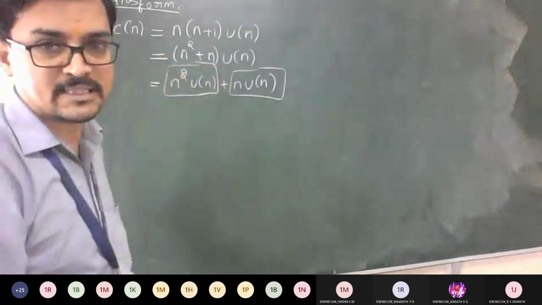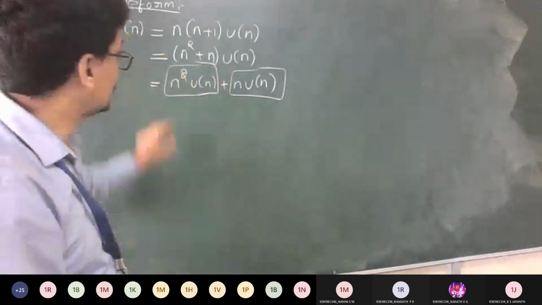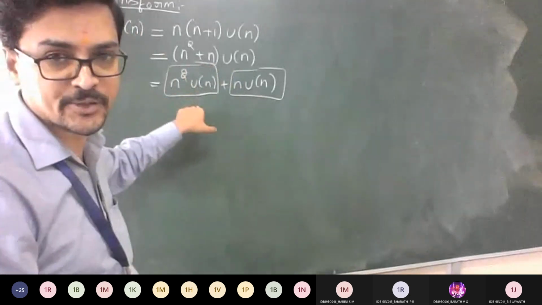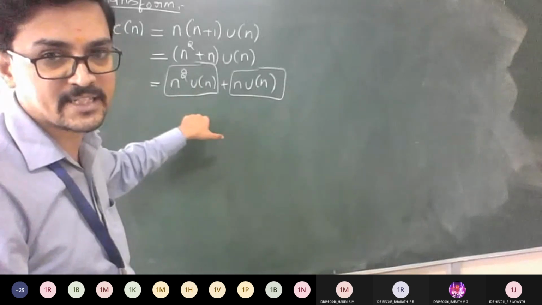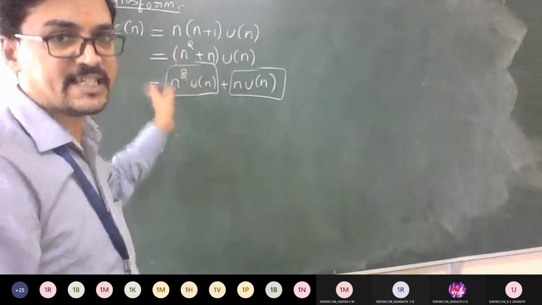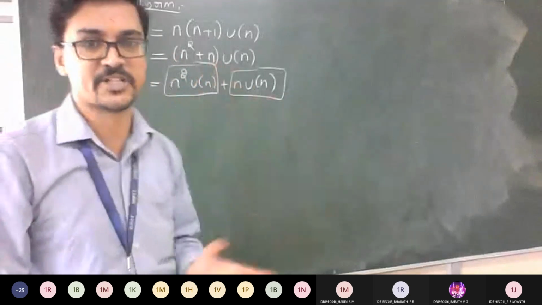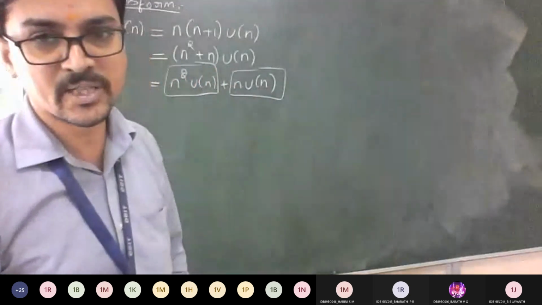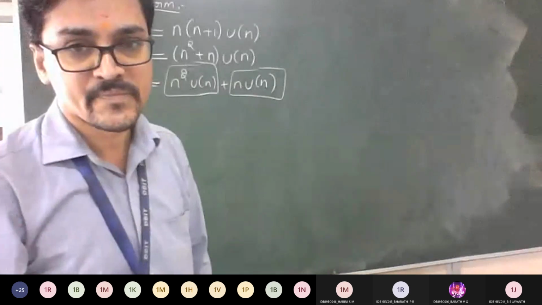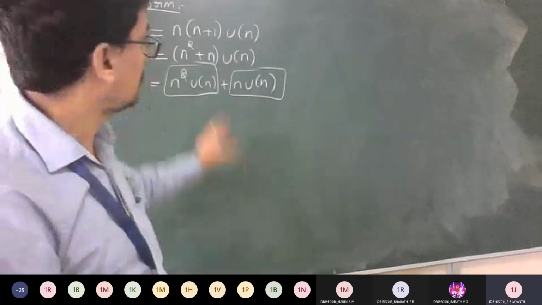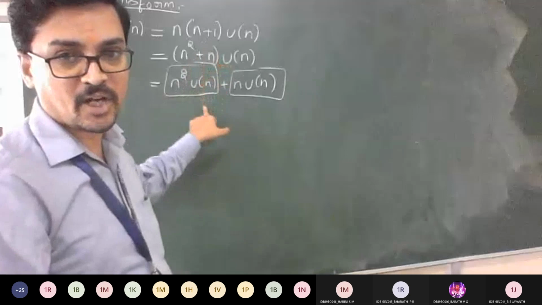In the previous class I went through how to solve n square u of n. Do you remember? We need to solve n into u of n. The formula is there, that is differentiation. For that, again, if you multiply n, it means I should do double differentiation. Is that fine to everyone till here? Yes, sir.